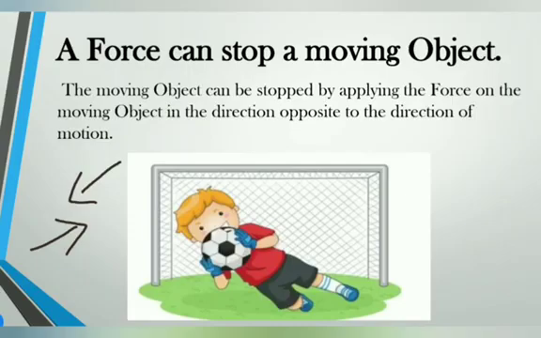This is the second effect of force: force can stop a moving object. Only when we apply force in the direction opposite to the motion of the object can we stop it.